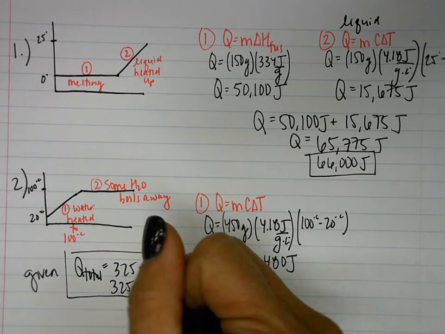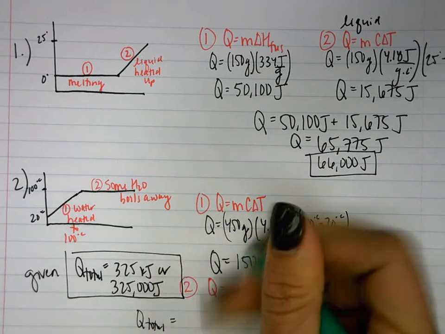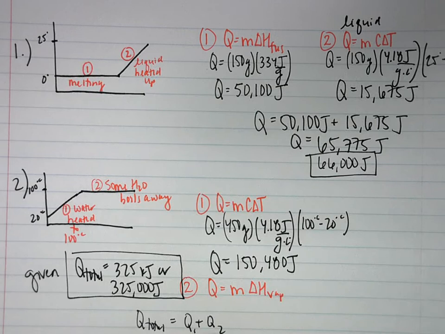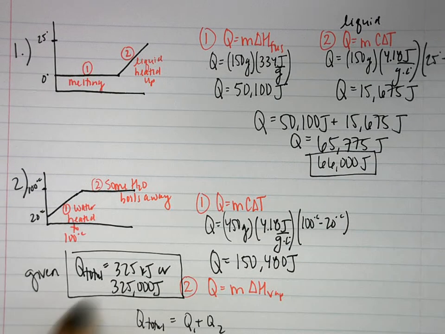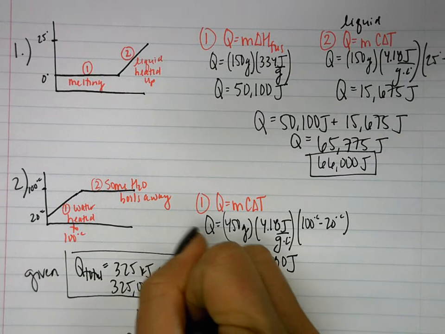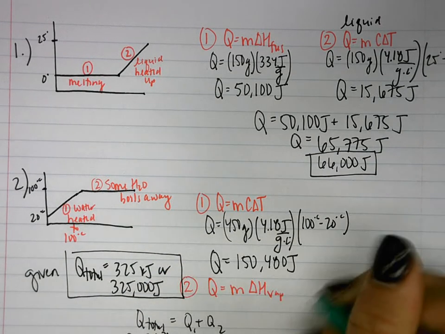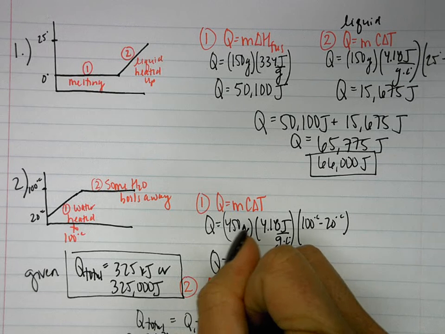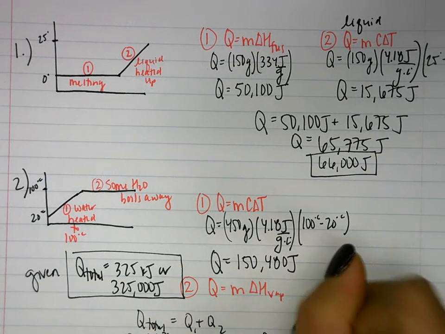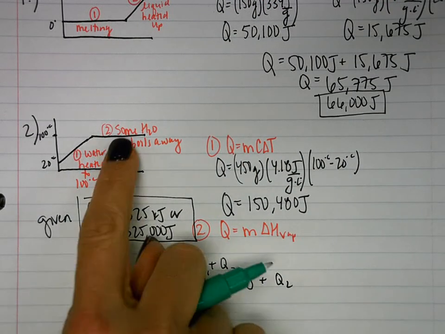We're going to go: Q total equals Q1 plus Q2. So 325,000 joules equals 150,480 joules plus our second Q, from what was happening when it was boiling away.